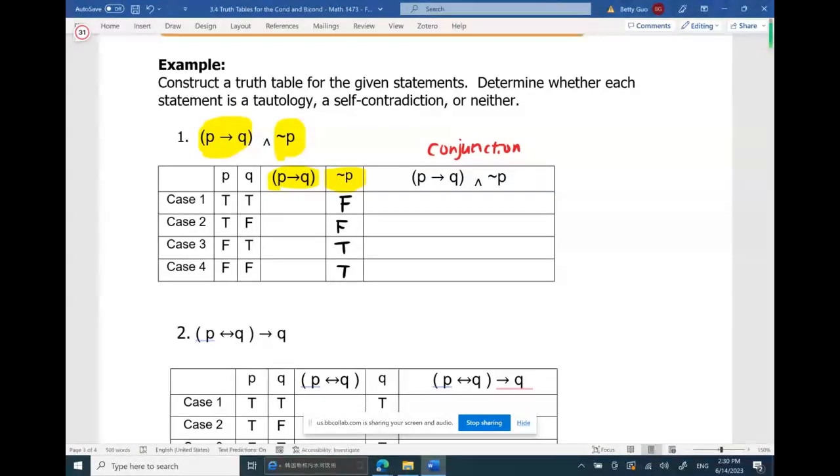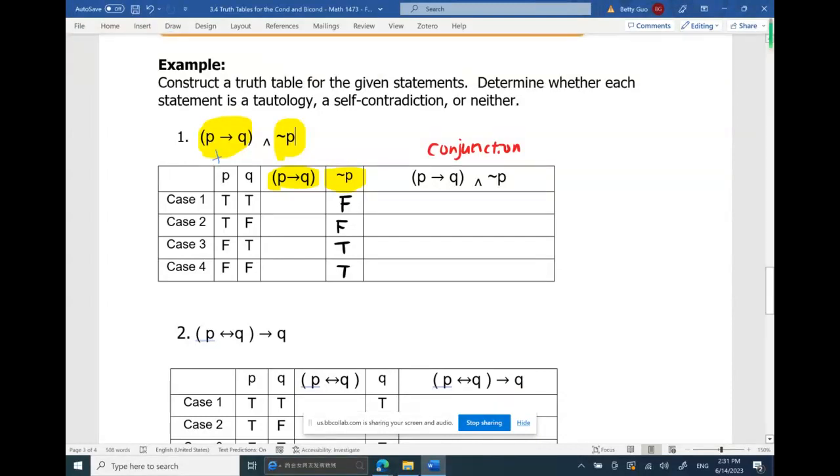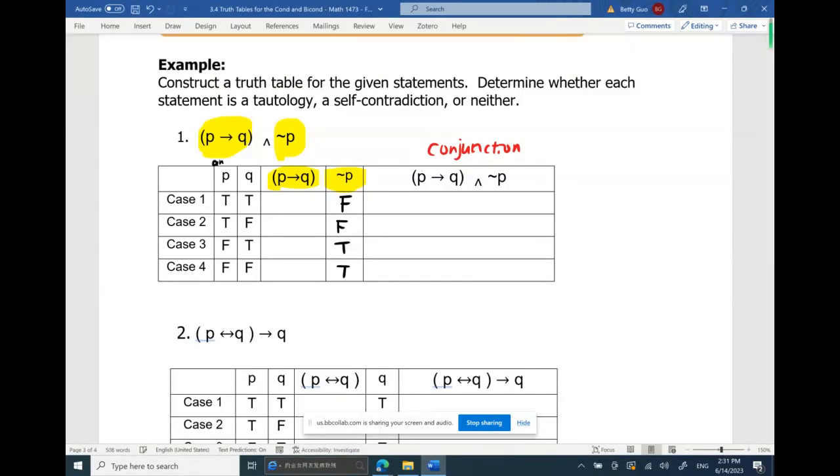Column 3 is P implies Q, or if P then Q. P is the antecedent, okay? And Q is the consequent.